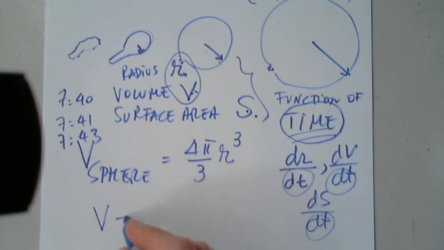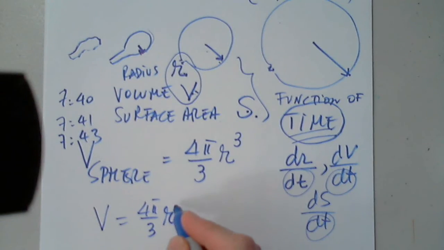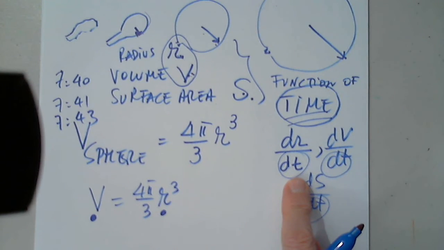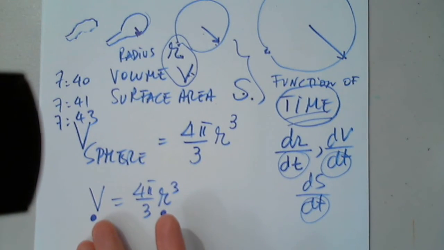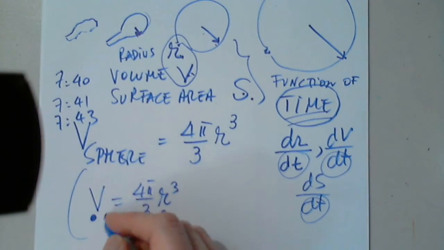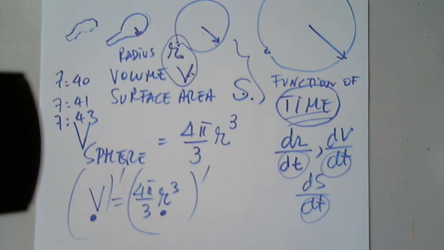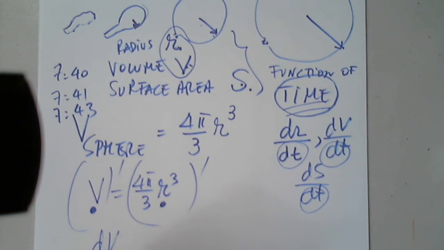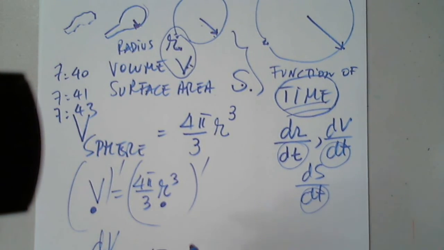Now if I have the volume as 4 pi over 3 r cubed, I put a dot under this, because I know it's a function of time. And let's say I want to determine the rate of change of volume. I apply the operator to both sides. When I differentiate, I get dV over dt. The 3 simplifies with the 3 in the denominator, r to the power 2 times the inner function prime.